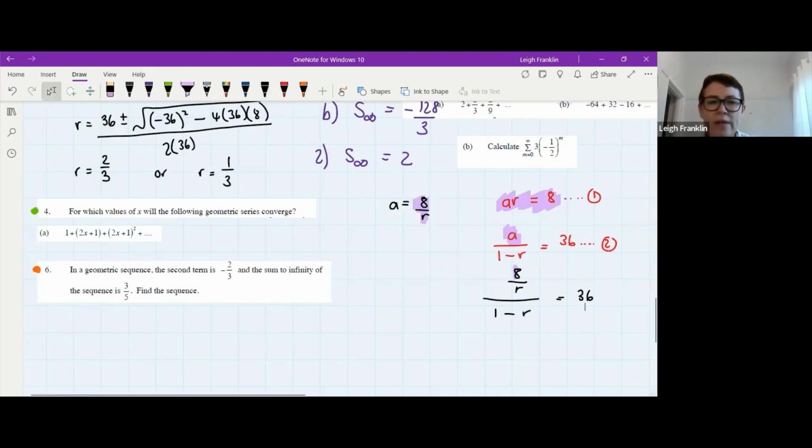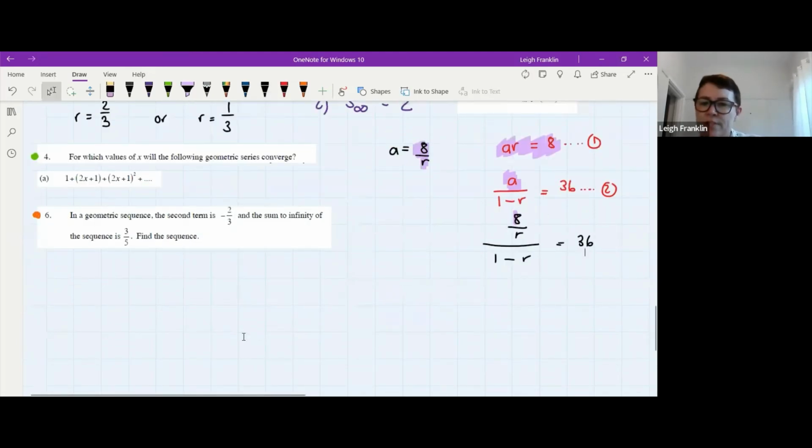Now we need to get rid of this 1 minus R in the denominator. This is why different people were saying we're going to cross multiply.